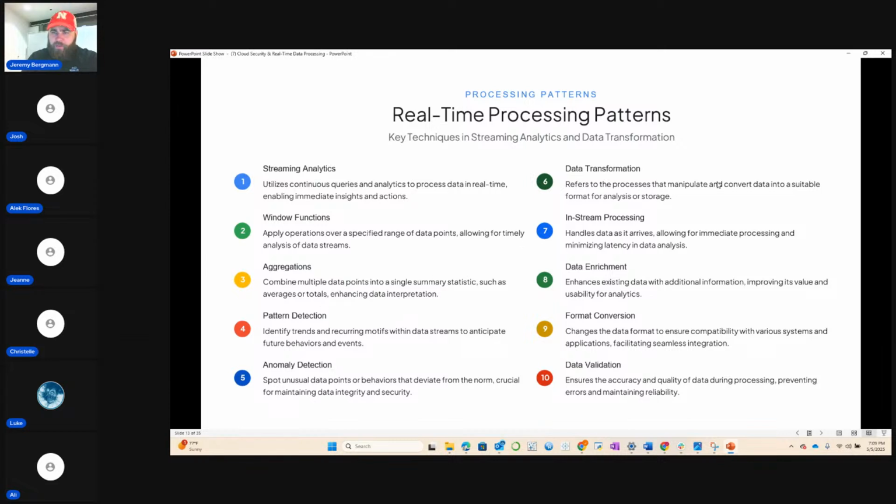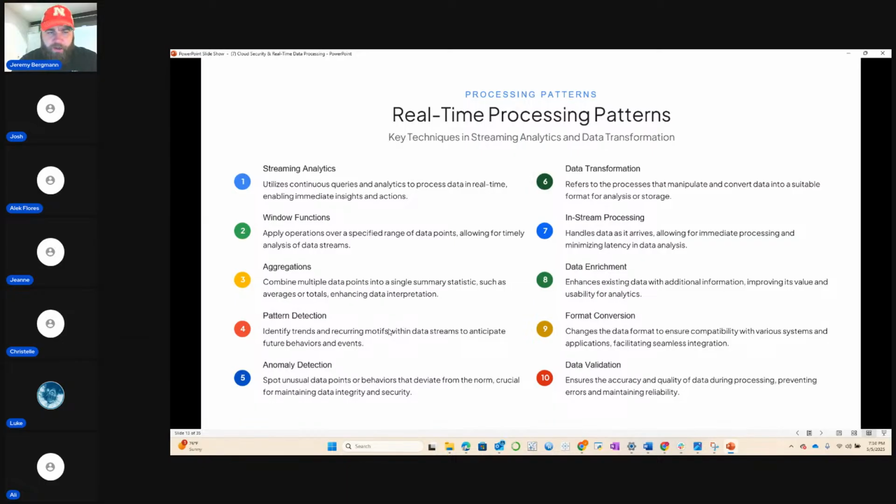You can do other types of data transformations. You can do some in-stream processing, so handling data as it arrives for immediate processing and minimum latency. You probably aren't likely going to take all the data. It's some type of summary or aggregation of it.